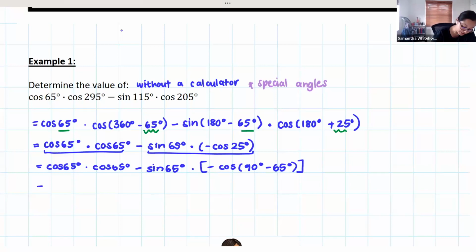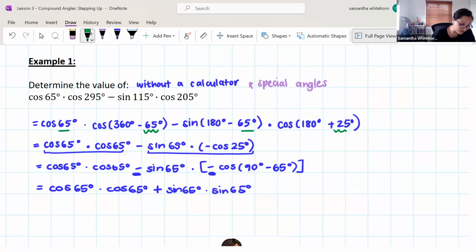And remember, because it's cos of 90 minus, the name changes to sine. Now, the next thing, guys, is because you've got a negative times a negative, the sign becomes plus sine 65, and because of that co-ratio, times sine 65. So now I've got a compound angle formula that I can work with.